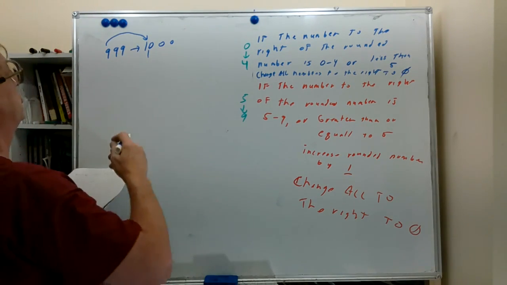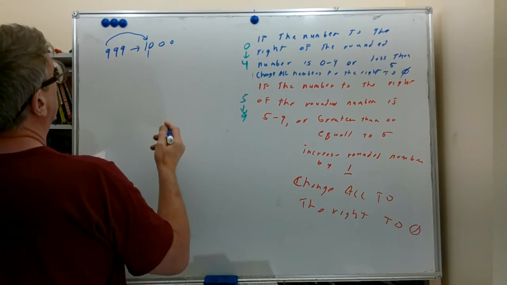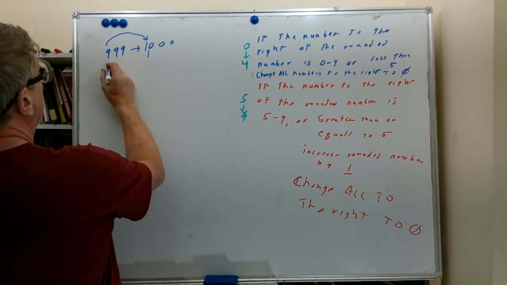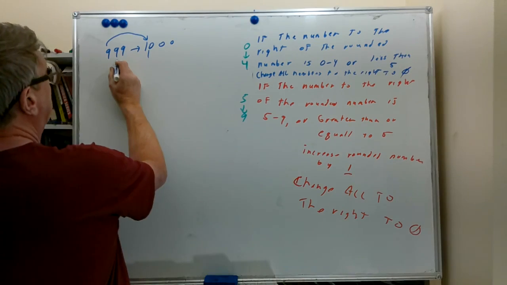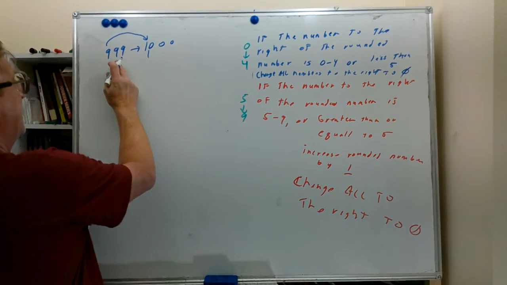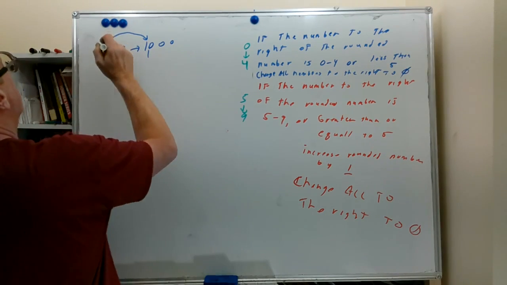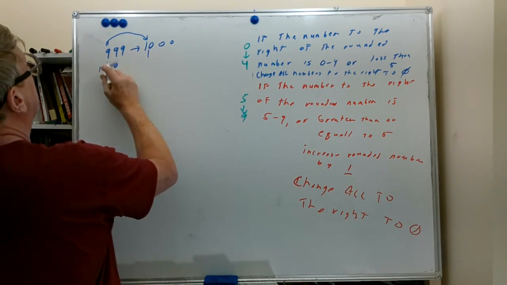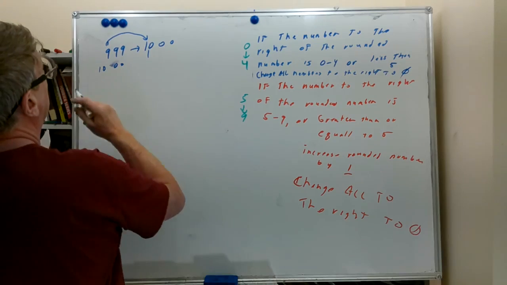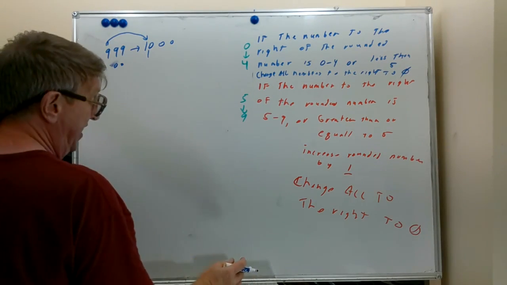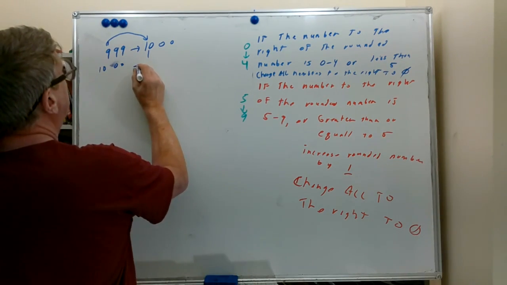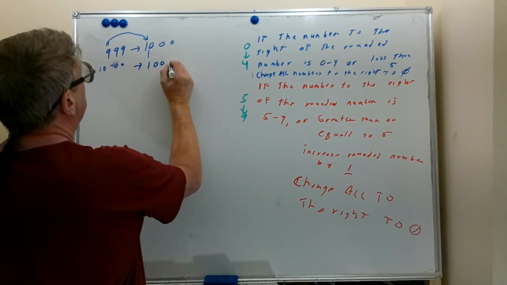Now what happens if we go to two significant digits? Kind of the same thing. We've got to look at that second one. It's a 9. We go to the right, it's got to round up. So that 9 becomes a 10. If that 9 becomes a 10, we've got to carry a 1. And then everything to the right becomes a 0. So we end up with kind of the same thing, but there's a difference.